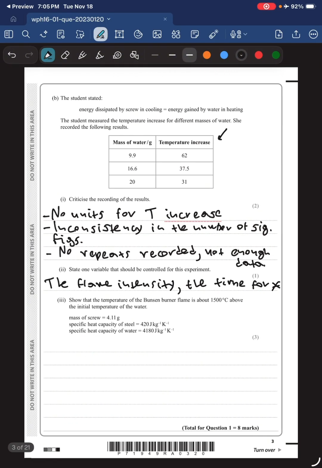Okay, part 3. Show that the temperature of the Bunsen burner flame is about 1500 Celsius above the initial temperature of the water. And they give the mass of the screw, the specific heat capacity for steel and for water.